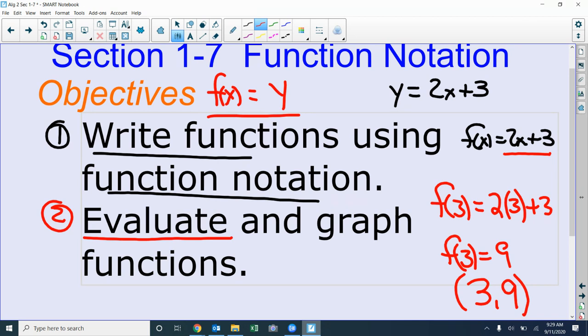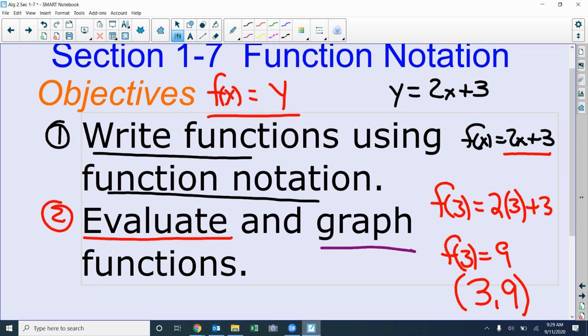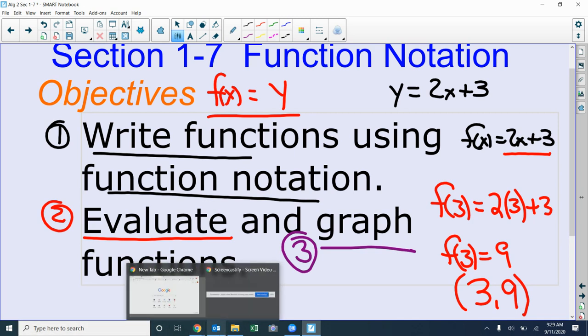Skill 3 that we need to practice today is that we're gonna graph. We're gonna graph that point. We're gonna graph some points, more than one point. So that's how you have it.